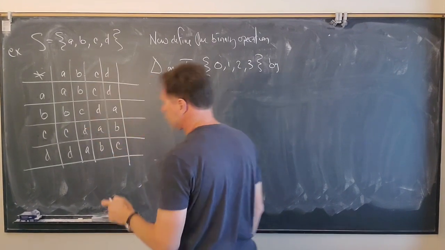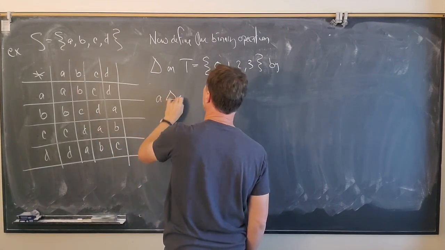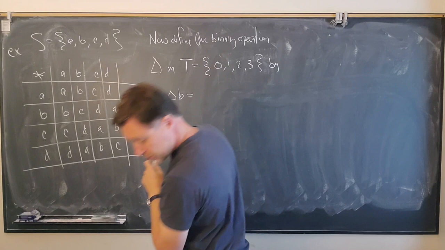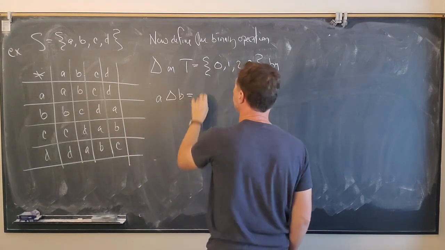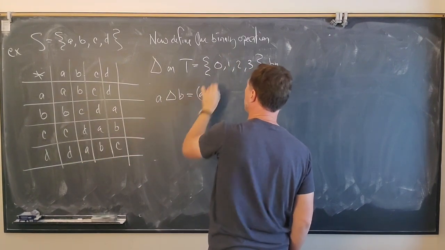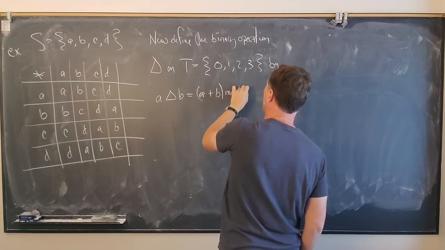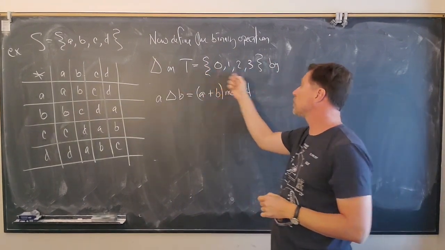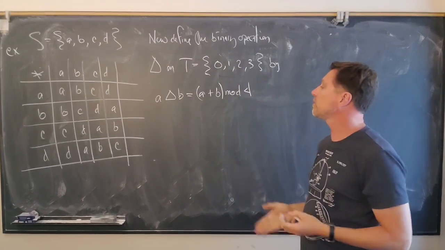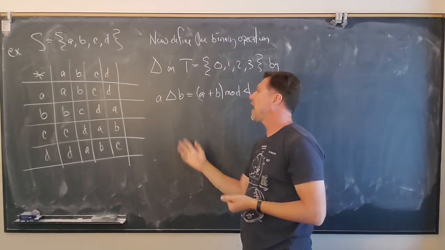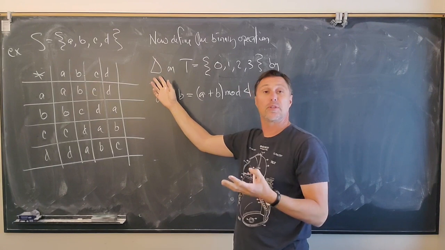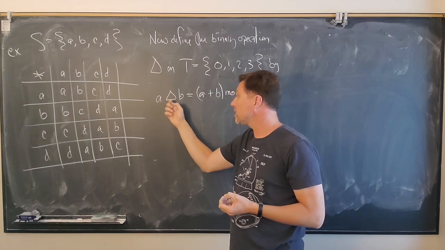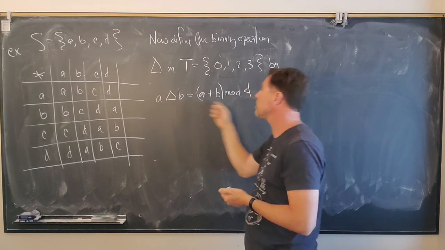It's going to be A triangle B is equal to A plus B mod 4. So we've got a new set, the set of integers 0 up through 3, and then we're defining this new operation, and I need to use a different symbol here, so I'm using the symbol triangle. So triangle is the symbol for the binary operation, and here's the formula.